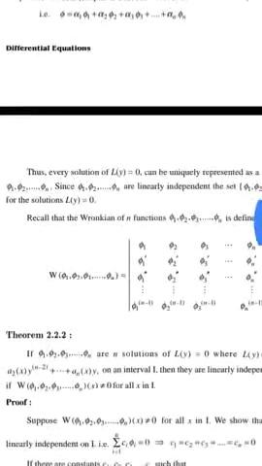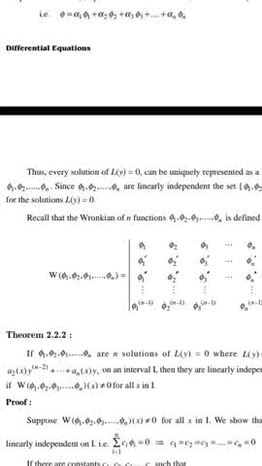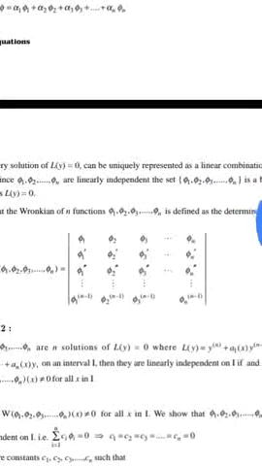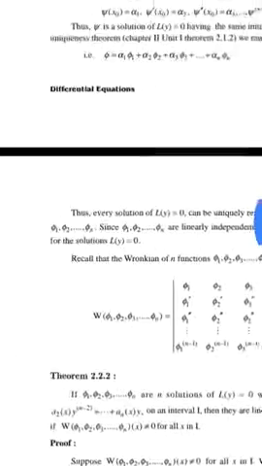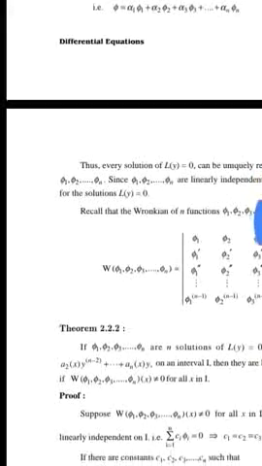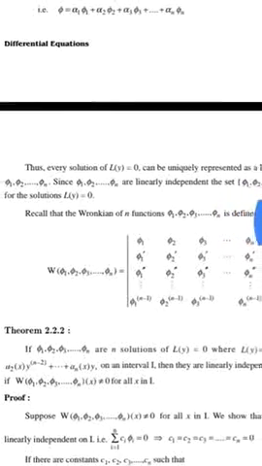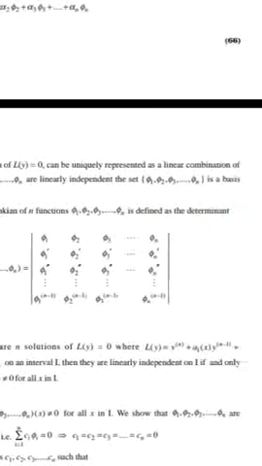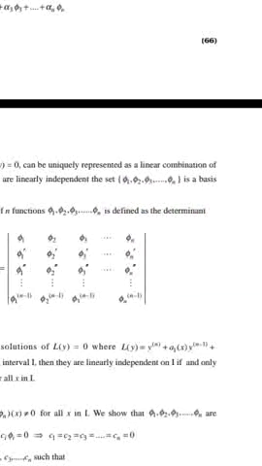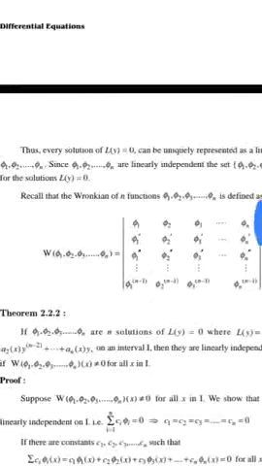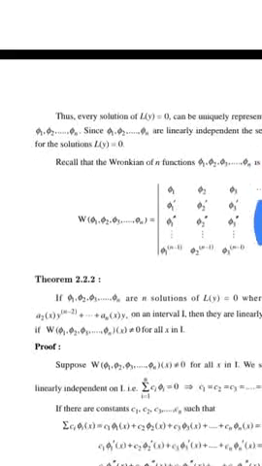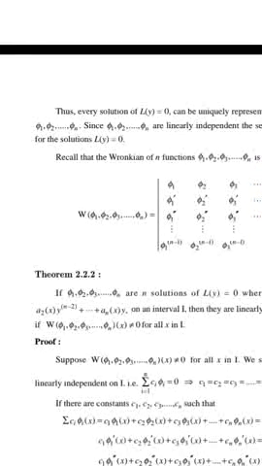Thus every solution of L of y equal to 0 can be uniquely represented as a linear combination of pi 1, pi 2, dot dot pi n. Since pi 1, pi 2, dot dot pi n are linearly independent solutions, the set pi 1, pi 2, dot dot pi n is a basis for the solutions of L of y equal to 0.